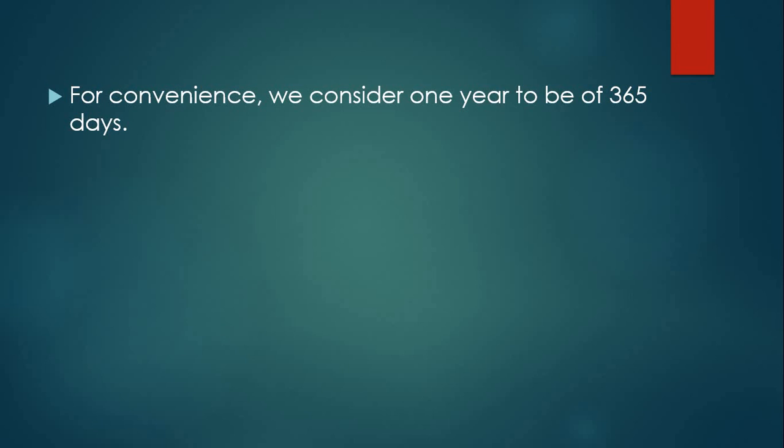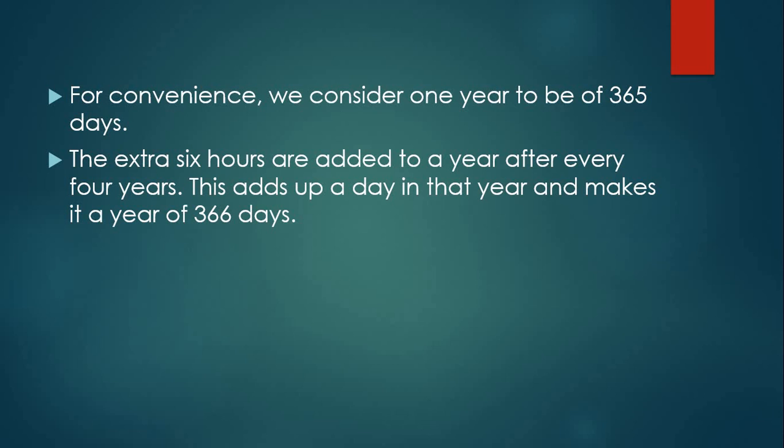But for our convenience, we consider 1 year to be of 365 days. And the extra 6 hours which we have every year, we keep it as it is for 4 consecutive years.